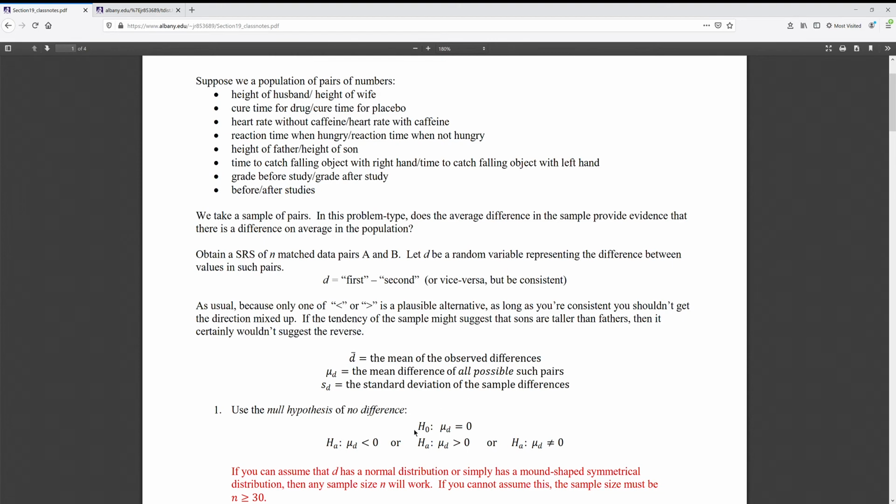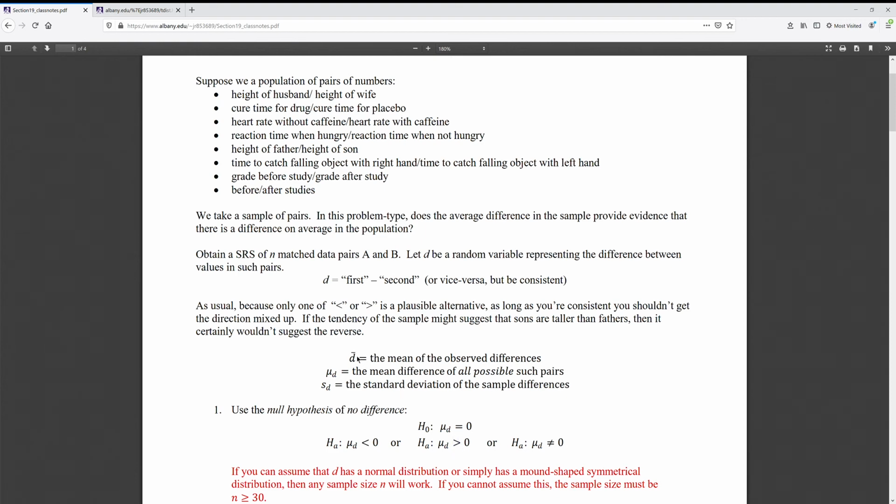So there is how we organize our facts. If d bar is reasonably close to 0, then it's plausible that the population average difference is 0. If d bar is very negative, then it suggests that the population average difference is negative. If d bar is very positive, then it suggests that the population average difference is very positive.